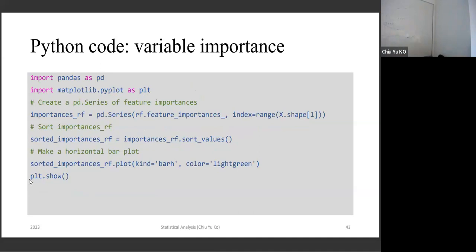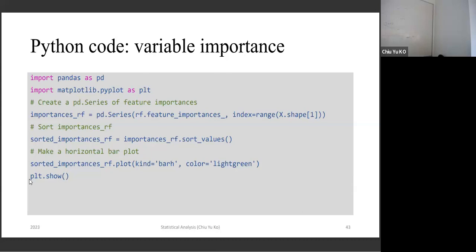What I do is very simple. I just declare a pandas series, just the numbers, from the random forest. This is feature importance. Oddly, you have an underscore at the end. I don't know why, but that's just the way they call it.